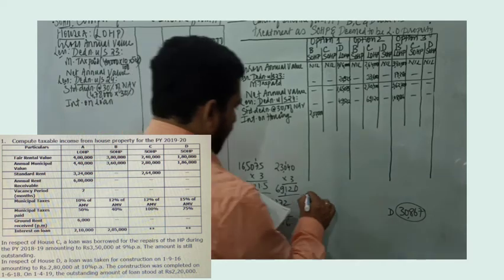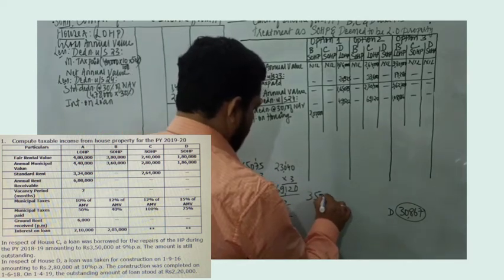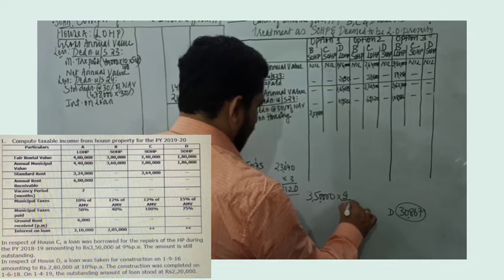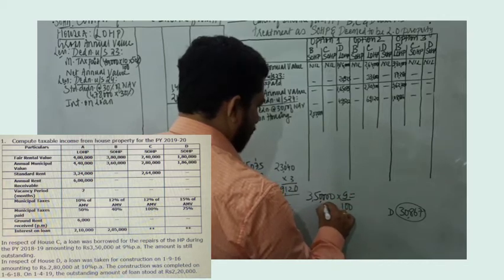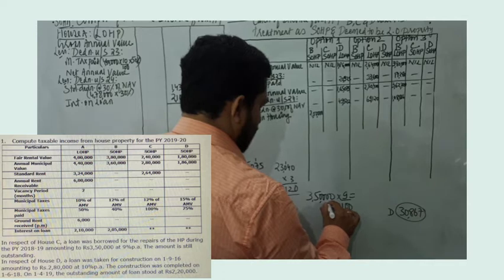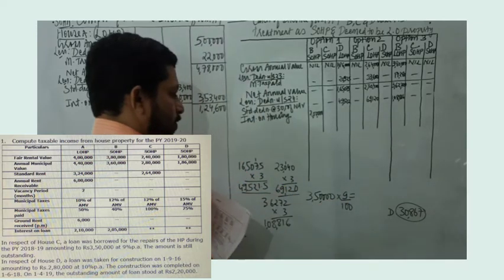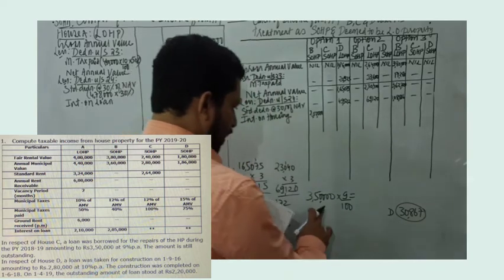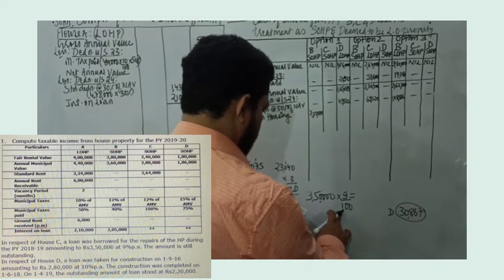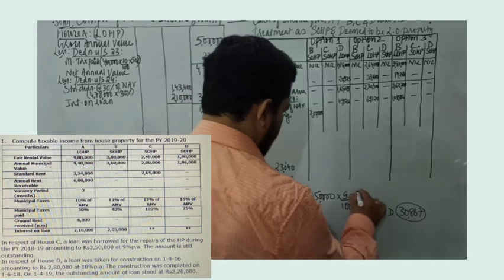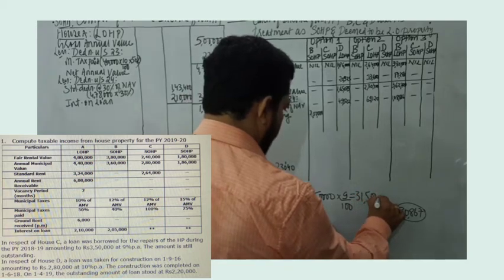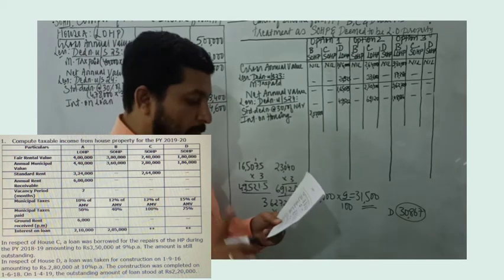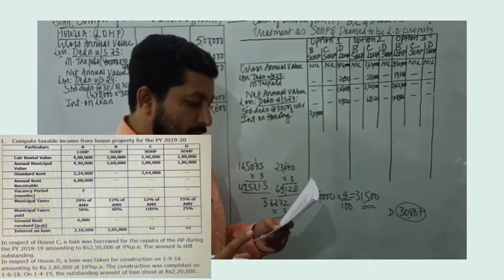So if I calculate 3,50,000 into 9%, 3,50,000 into 10% would give you 35,000, and 35,000 minus 3,500 is 31,500. So 31,500 is the value.